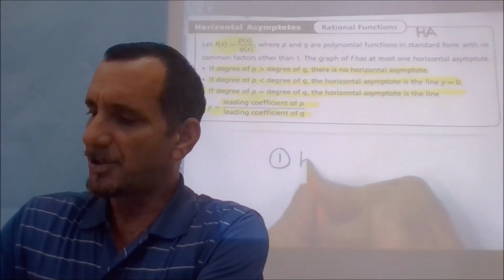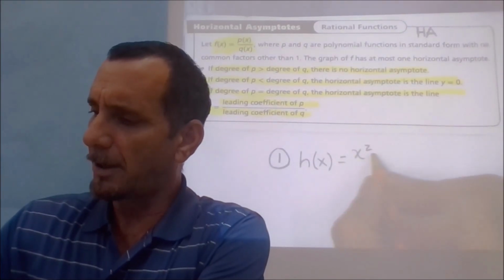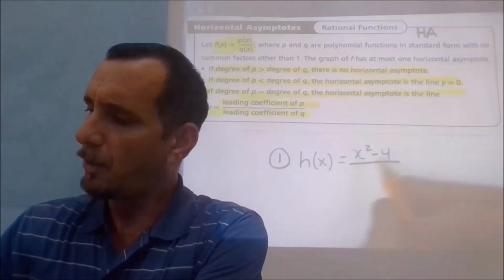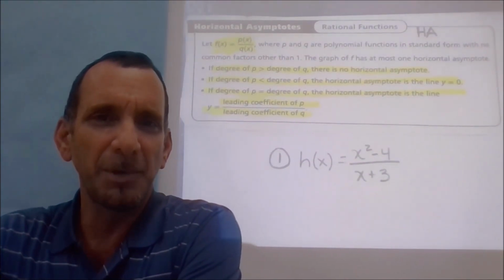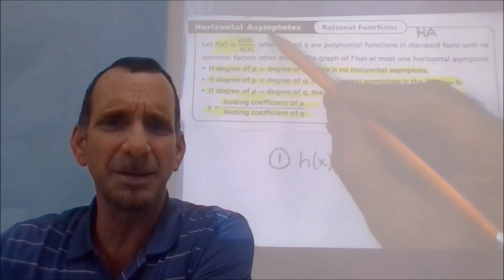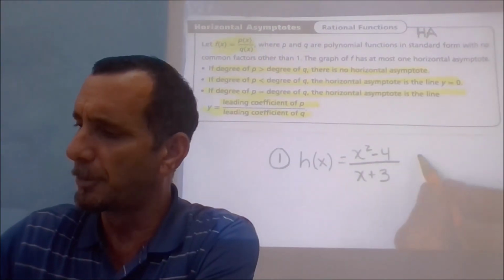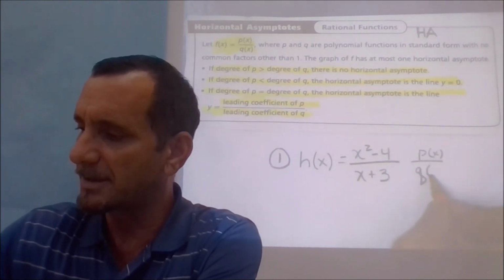Number one, let's just call this h of x equals x squared minus 4 over x plus 3. We've got this p of x and q of x. The p of x is basically the numerator, and the q of x is the denominator.